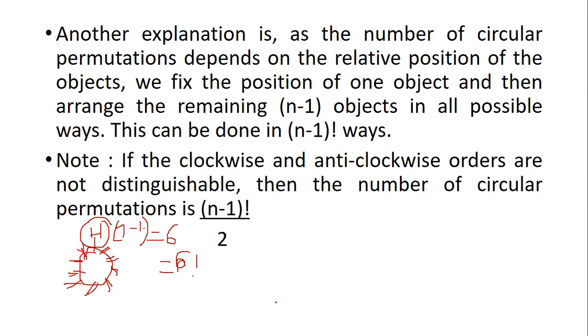Did you all understand this? I'm going to fix one person, and the rest of them I'm going to change. I'm not going to change this one person's place, but I'm going to change the place of others. This can also be a potential question that may be asked. Did you understand that concept?